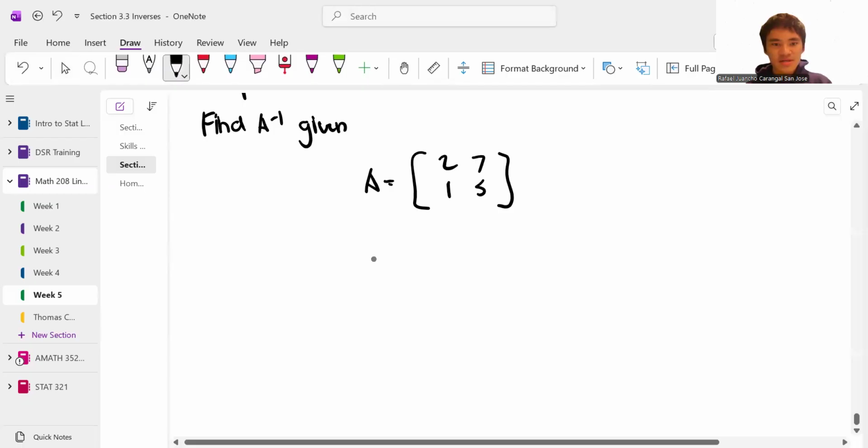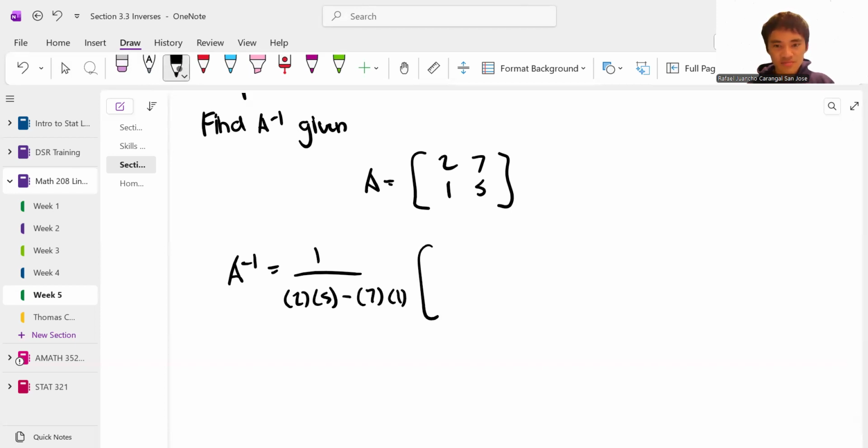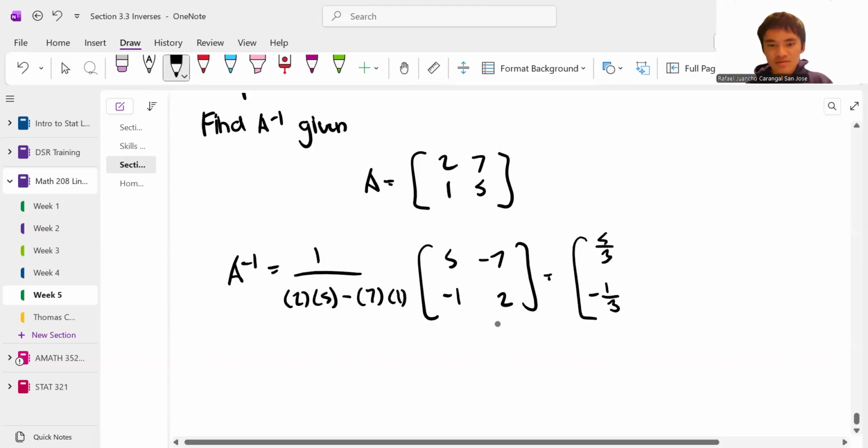From the quick formula, A inverse is 1 over AD, so this is 2 times 5 minus B, 7 times 1, all times the matrix 5, -1, -7, 2. And this is simply equal to 5/3, -1/3, -7/3, 2/3.